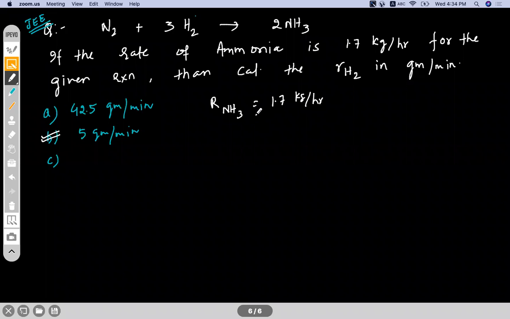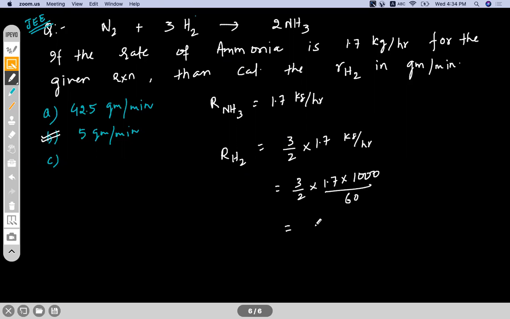And with respect to this, if you find out the rate of H2, that would be what? It is 3 by 2 times of 1.7 kg per hour, which you can change the unit: 1.7 into 1000 divided by 60.